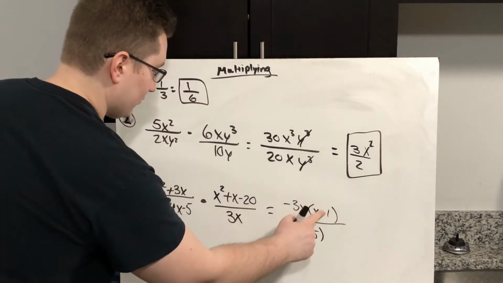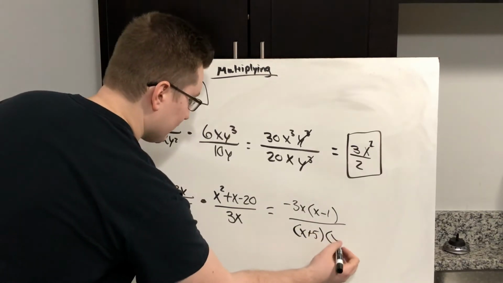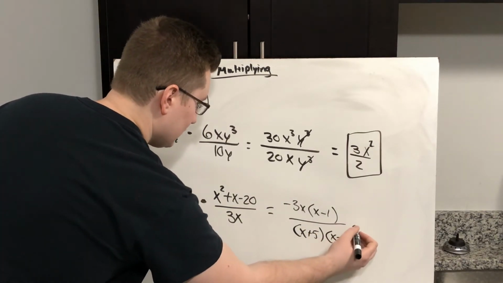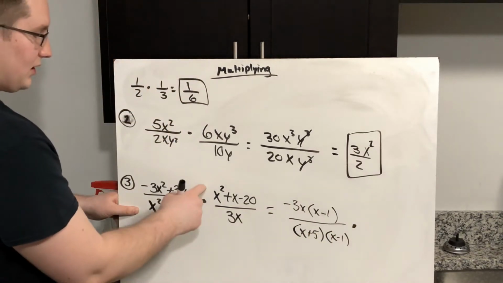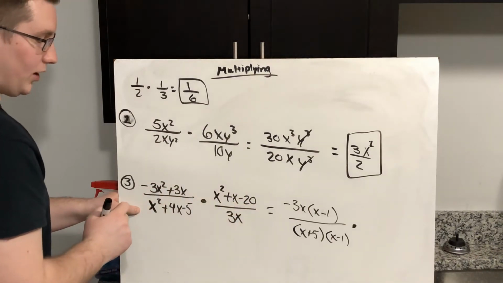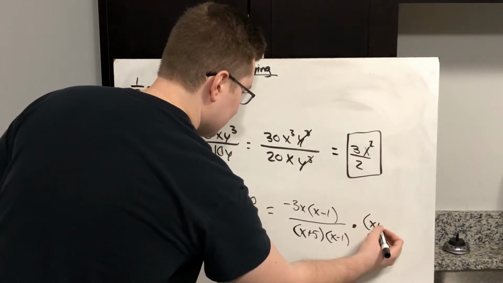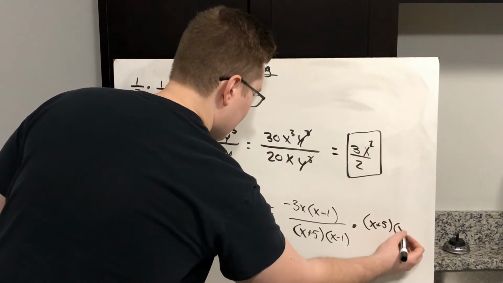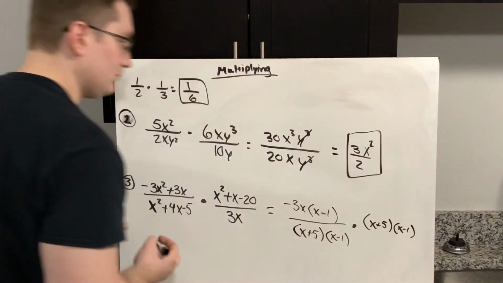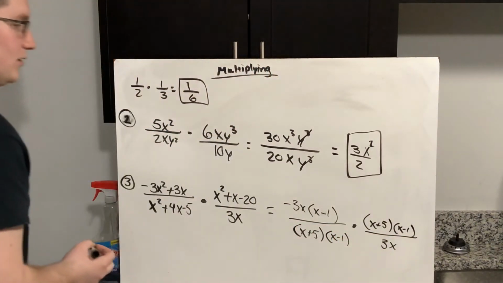There should be a minus 1 right here. There we go. And then x minus 1 times two numbers that multiply to negative 20, but add up to 1. I have x plus 5, x minus 1, all over 3x.